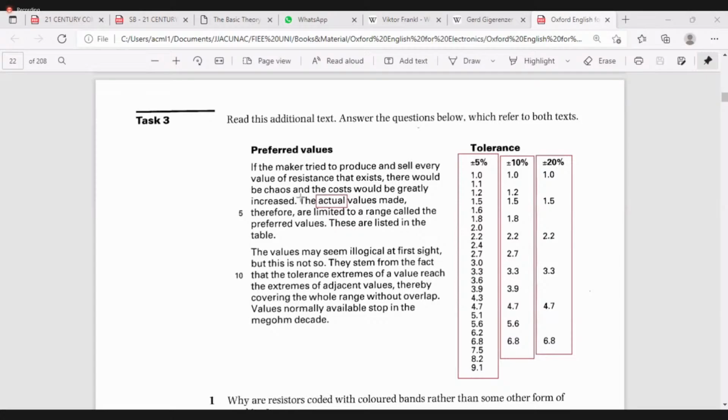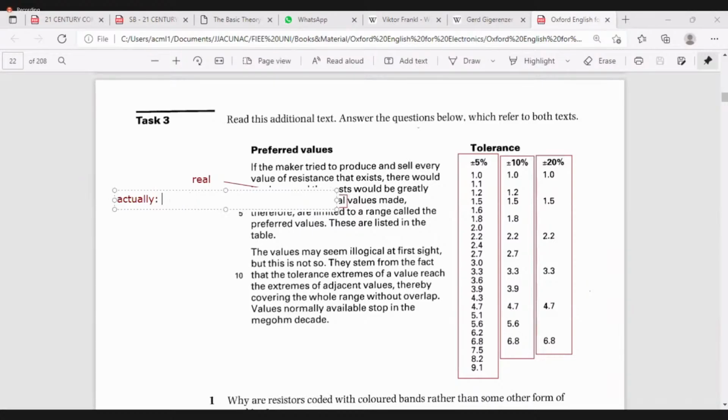Actually, well, not to extend this too much, actual means the real values. So those values that you find in the real world. And just in case, when they say actually, most of the times we can confuse this with at this moment.